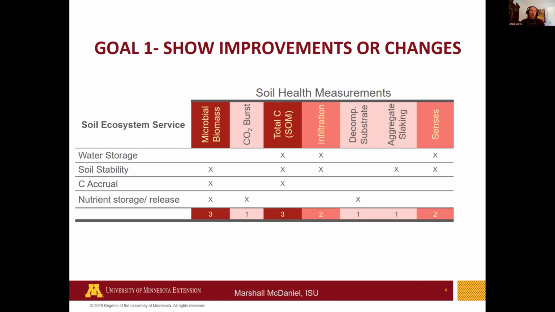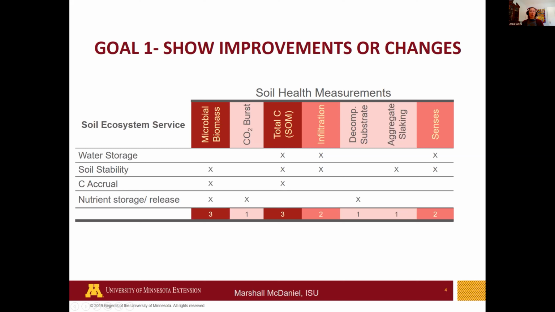There are other tests you could look at too. The microbial biomass looks at all the biomass of microbes in the soil. And the way they've assessed this here is that microbial biomass is an indicator of soil stability because microbial biomass adds to aggregate stability.